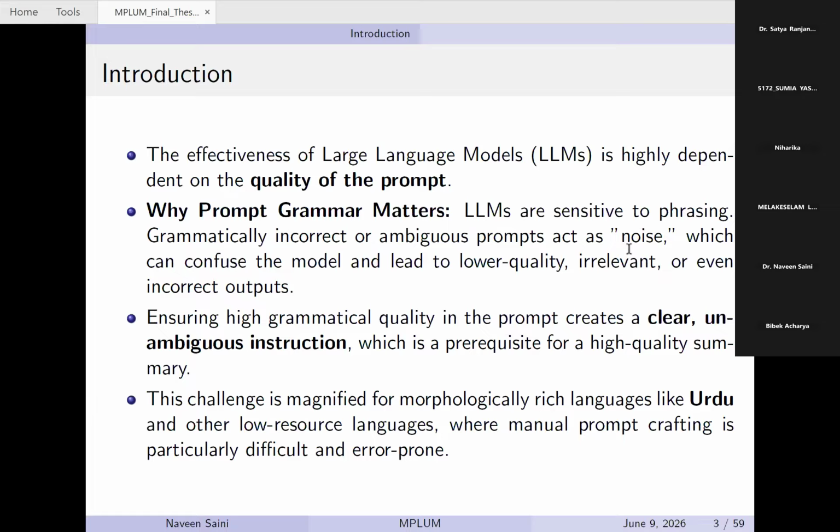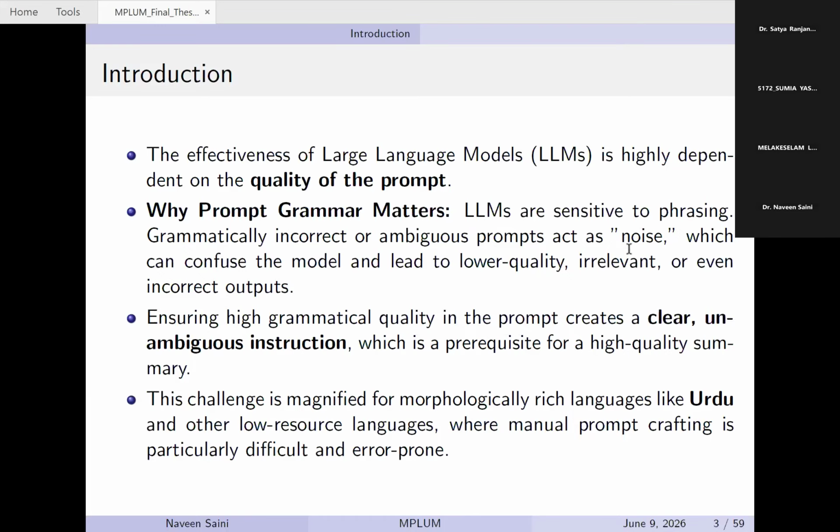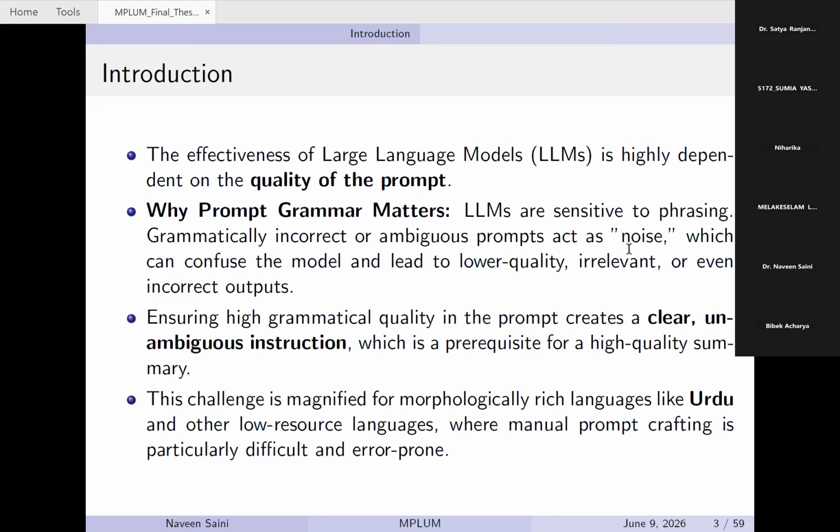It should be clear and grammatically correct. If we provide the prompt in an unclear or ambiguous way, then the quality of the summary may not be good. And this is very challenging when you are dealing with a low-resource language.